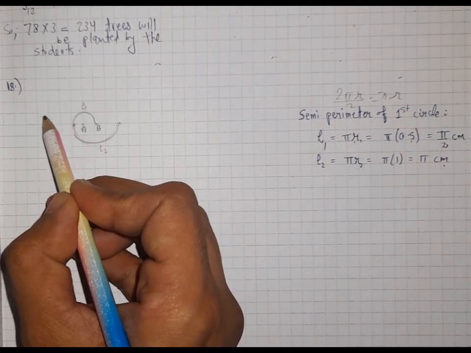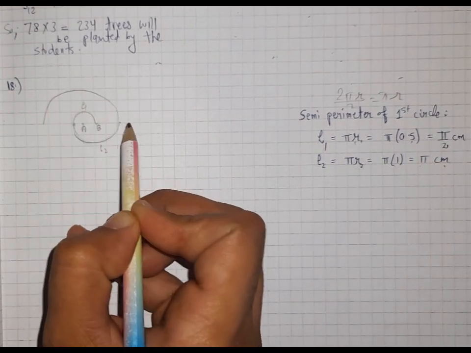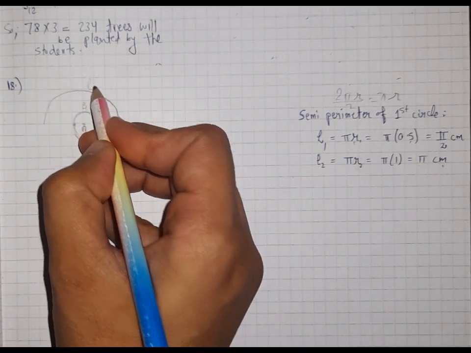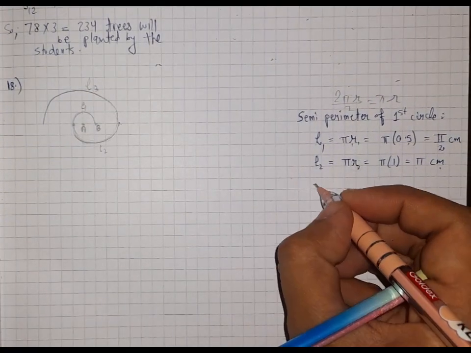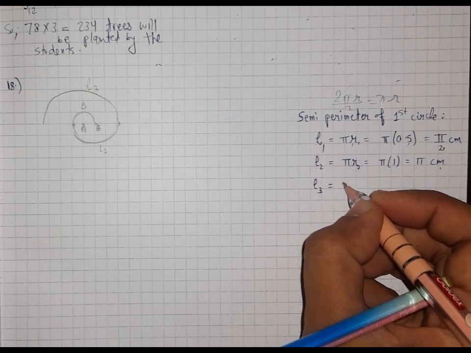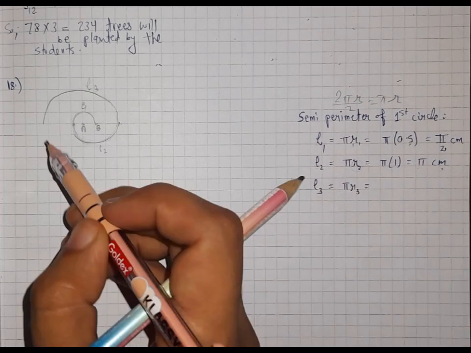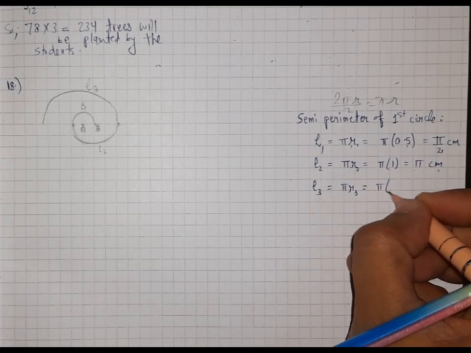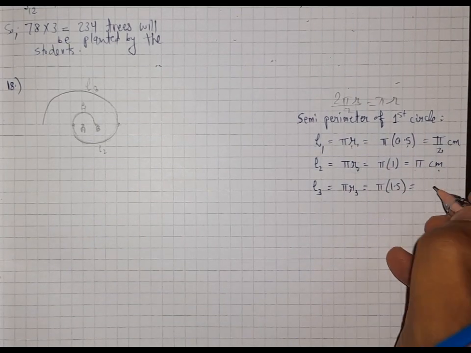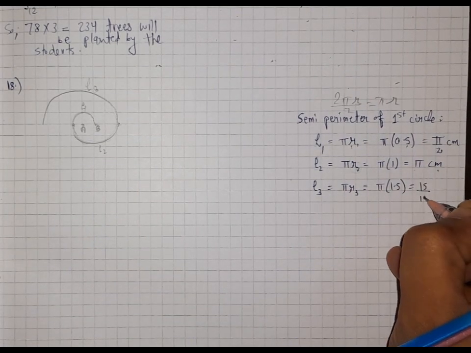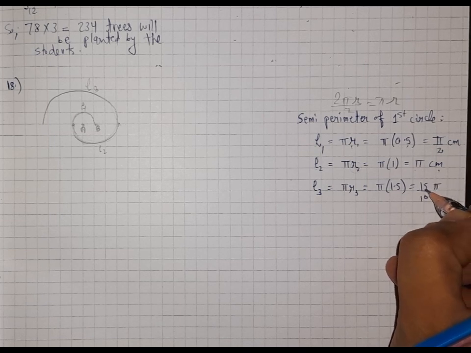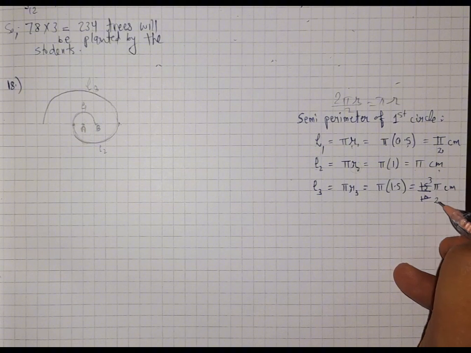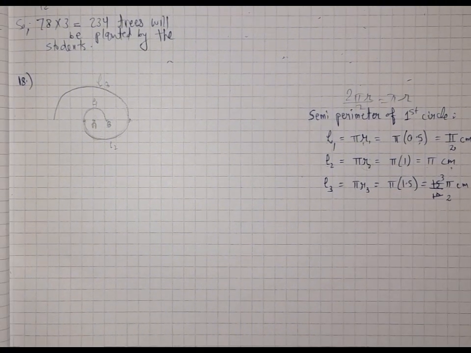Similarly, in the third case, this is a semicircle with center at A and semi-perimeter equals pi r3. This is a semicircle with radius 1.5. So we have 15 upon 10 pi centimeter, that is 3 pi upon 2 centimeter.